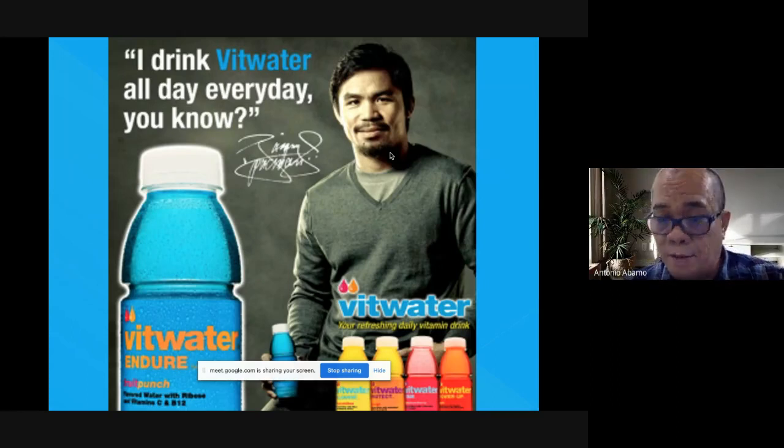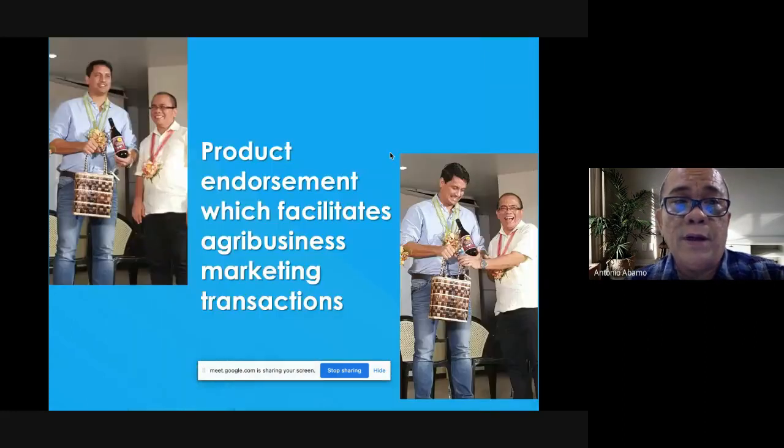And then another one is when this particular guy is seen handling or drinking this kind of product, people will think twice, and then of course become curious that maybe this product is good because it is being endorsed by this particular personality.